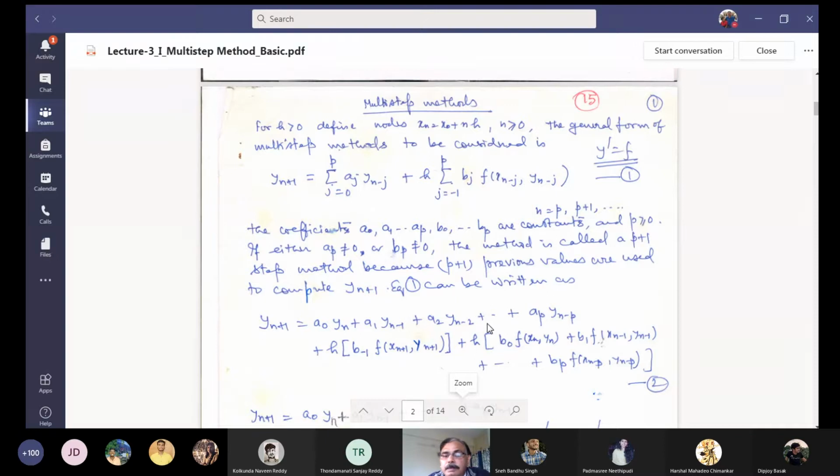It means it is a p plus 1 step method. Is this clear? Yes, sir. Okay. Now you can understand what a 5 multi-step method, 6 multi-step method, and so on means.